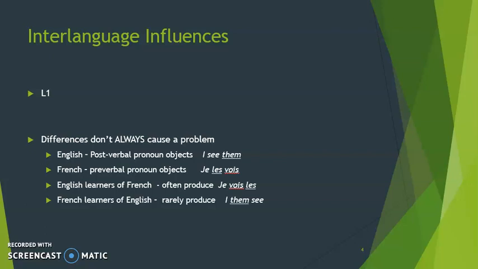So we do see that pattern, but we rarely see the opposite. French learners of English rarely produce I, them, see. So what this shows us is that differences between the L1 and the L2 are not always creating symmetrical problems. It may be asymmetrical, where learners of one language have the problem, but the reverse does not have the problem.